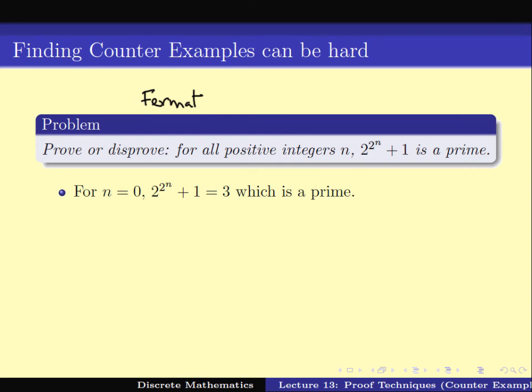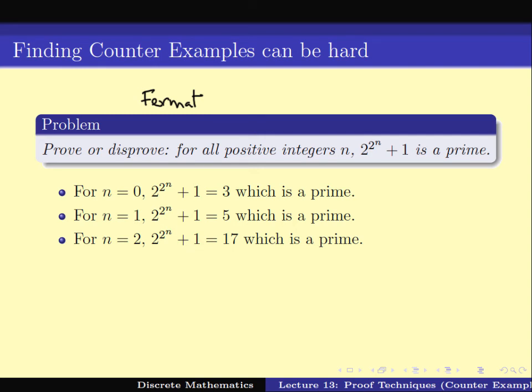Unfortunately, for n equals 0, it is not that hard to calculate and see that it comes to 3. It's a prime. For n equals 1, it is 5, which is a prime. For n equals 2, this number becomes 17, which is also a prime.